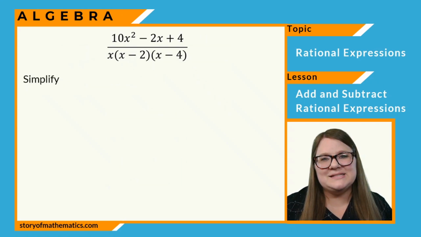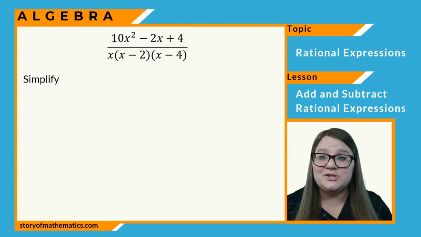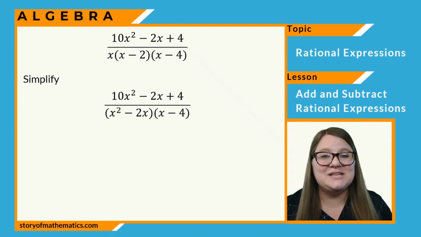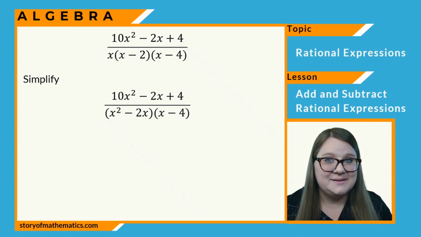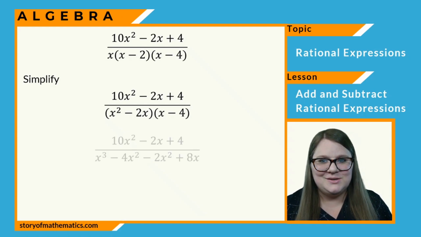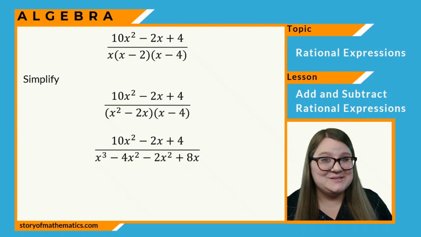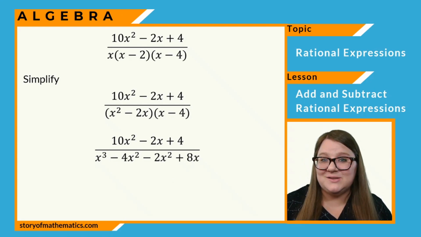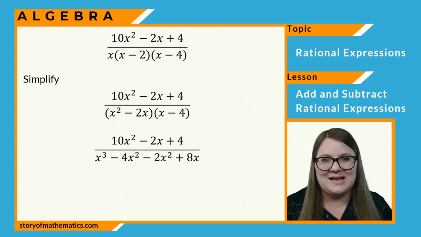That's going to give me 10x squared minus 2x plus 4 in the numerator. To finish simplifying this example, I'll just need to multiply out the denominator. I'll start by distributing x to x minus 2, which gives me x squared minus 2x. Then I can FOIL x squared minus 2x and x minus 4. First gives me x cubed, outside is minus 4x squared, inside is minus 2x squared, and last is plus 8x.